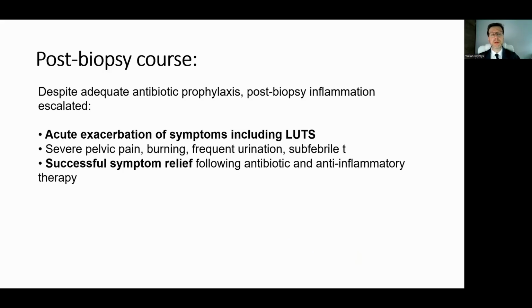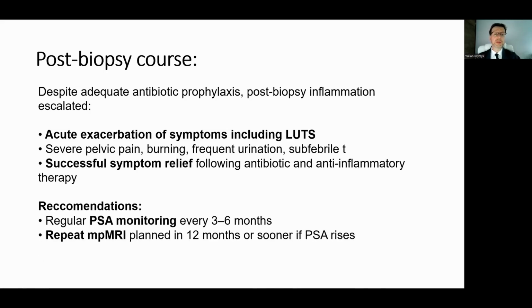In the post-biopsy period, the patient developed an acute exacerbation of symptoms, including severe pelvic pain, burning during urination, frequent urination, and subfebrile temperature. But after successful antibiotic and anti-inflammatory therapy, these symptoms disappeared.